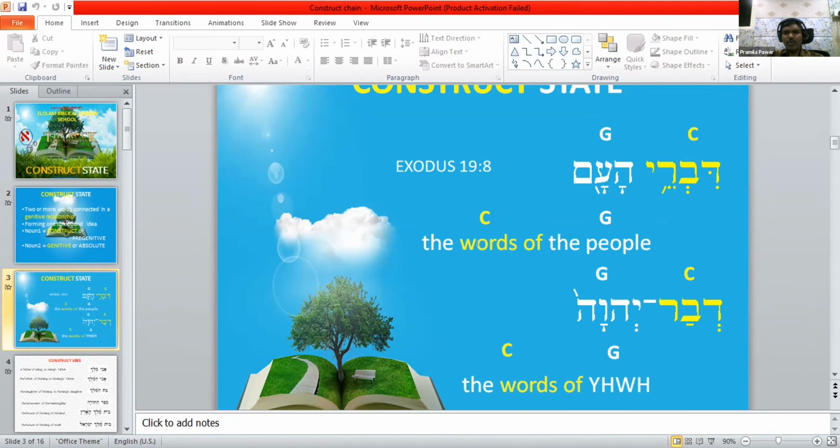So it will become plural over here: the words of the people. Please remember that in this construct state, the inflection takes place, as inflection takes place in the English language also. This inflection also takes place in the Hebrew language. So devarim will be inflected to divre.